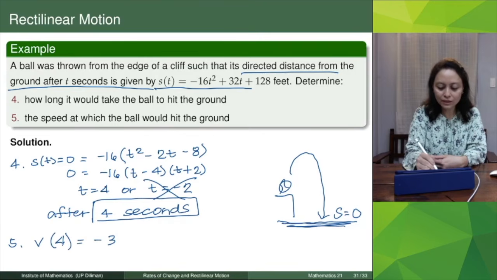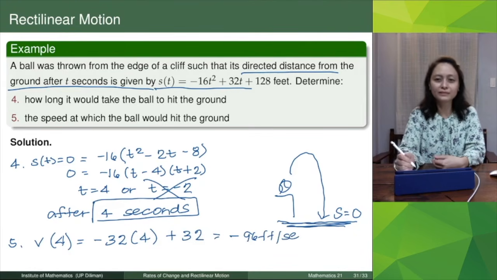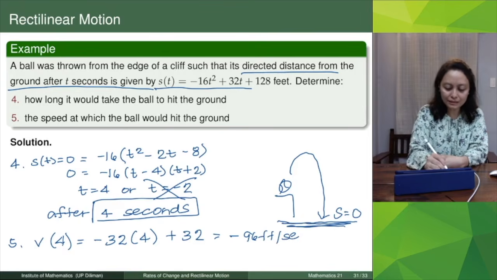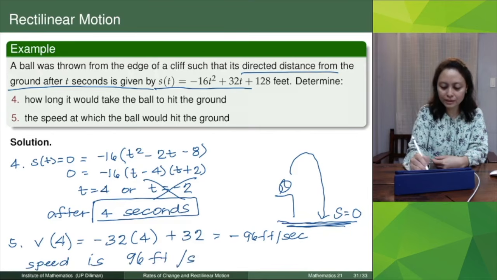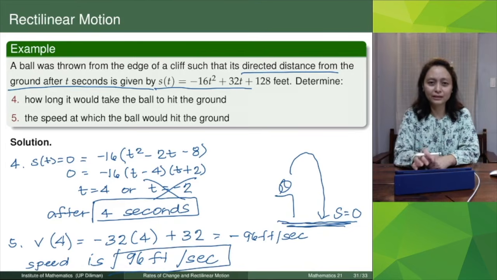So, negative 32 times 4 plus 32. The velocity is negative 96 feet per second. Bakit negative? Kasi downward yung direction. Now, to get the speed is the absolute value. The speed is 96 feet per second. Okay, absolute value lang ng negative 96. Okay, clear?